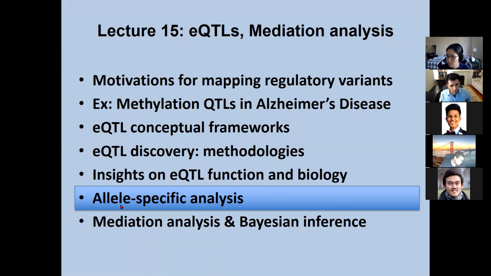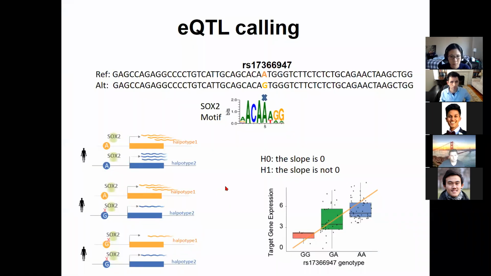I also want to spend a little bit of time talking about an orthogonal type of analysis to eQTLs. That's allelic information. So what are eQTLs based on? If an individual has two A alleles at a location or two G alleles at a location, then you can see the difference between those individuals carrying GG or those carrying AA at any one particular location.